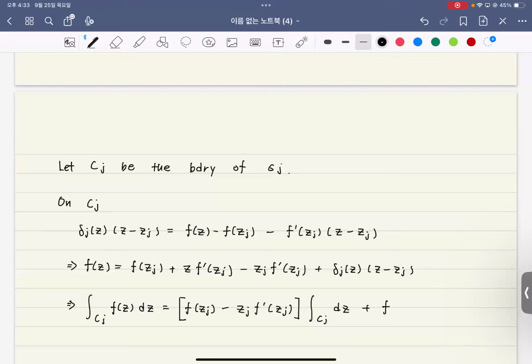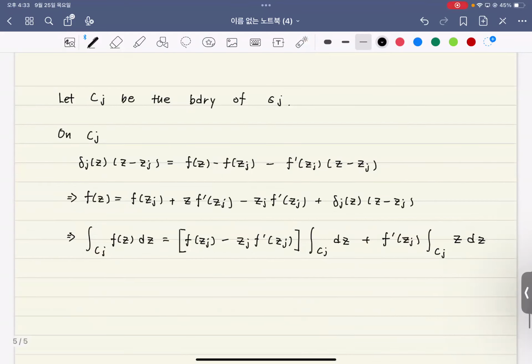So f prime of zj times the integral over Cj of z dz, and plus the integral over Cj of z minus zj times delta j of z dz, like this.